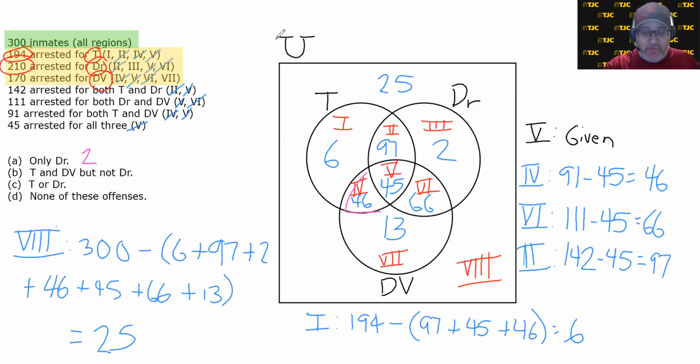And that's this region, region 4. And its cardinality is 46.